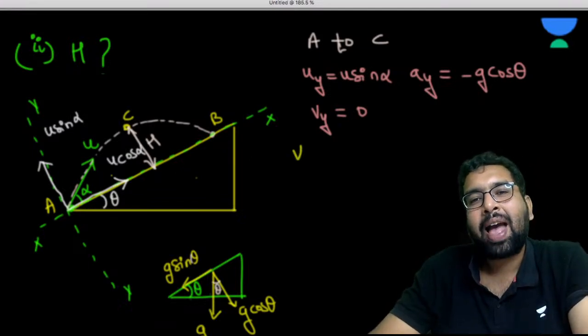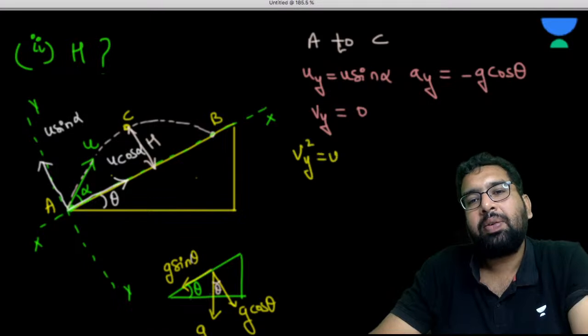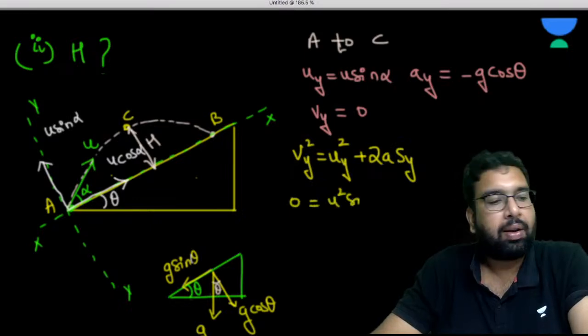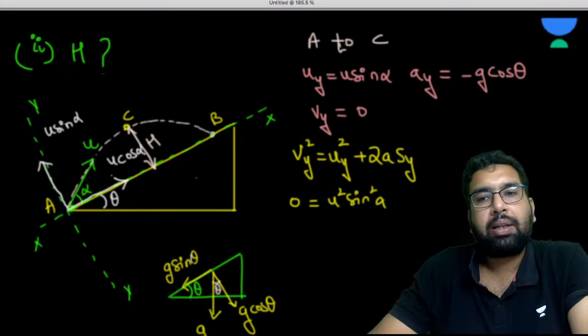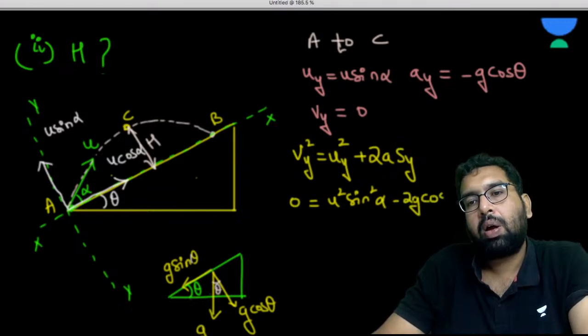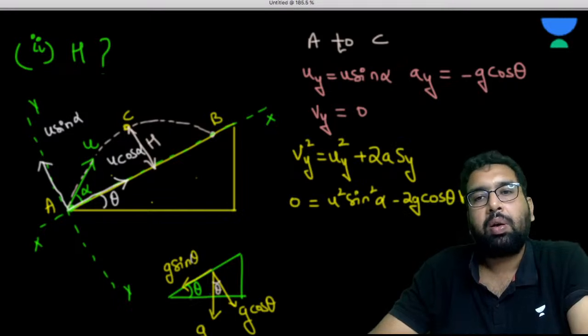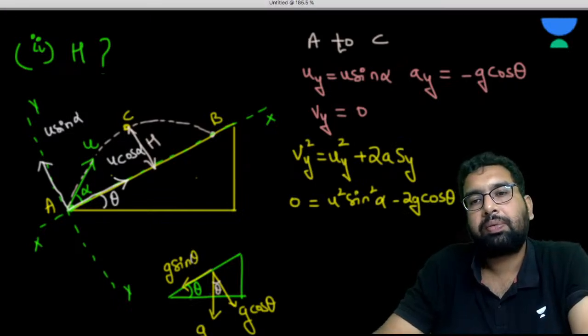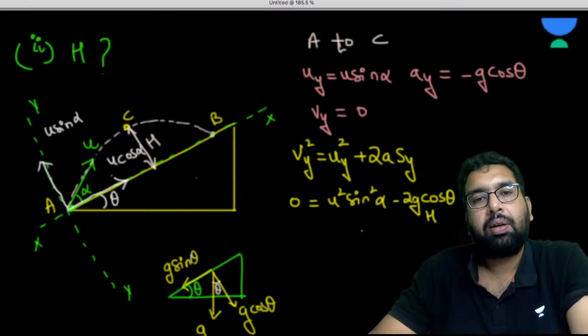So Vy square is equal to Uy square plus 2a sy, right? So this is going to be 0. This is Uy, that is u square sine square alpha, and this is going to be minus 2g cos theta of h, right? 2g cos theta of h.